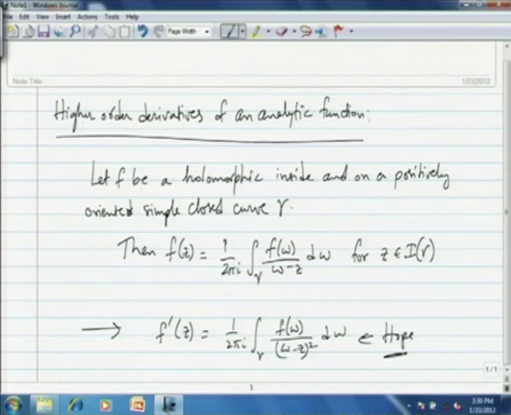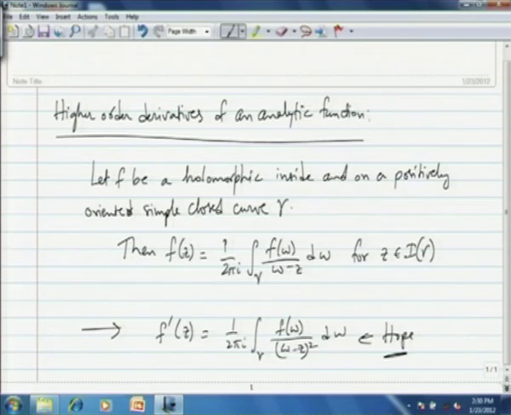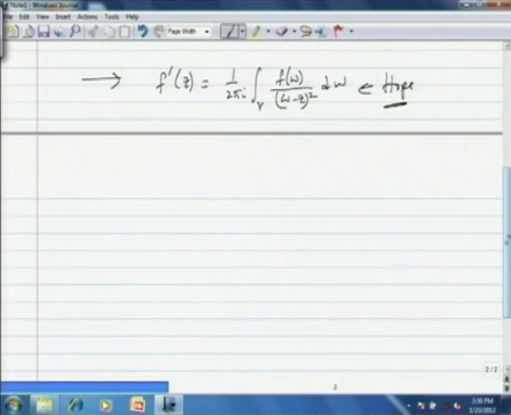And then I will produce a formula, Cauchy's integral formula for f double prime of z, and then show that higher order derivatives of f exist, or in other words all derivatives of all orders of f exist. And then I will give a proof based on induction to produce the Cauchy's integral formula for all higher order derivatives. Okay. So, that is the program.